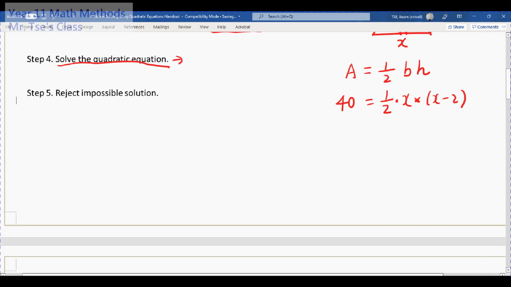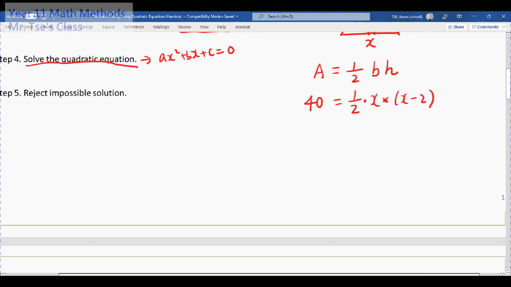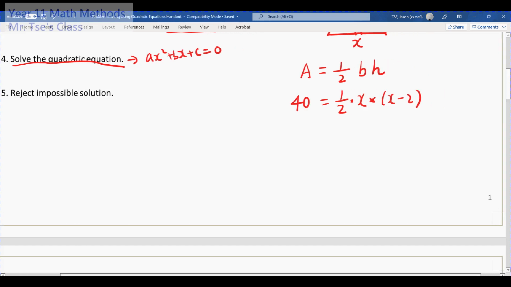That's the form ax squared plus bx plus c equals 0, so on one side you must see a 0. So we'll try to get the numbers to one side and expand the expression. For example, I'm going to move that 2 to the other side.